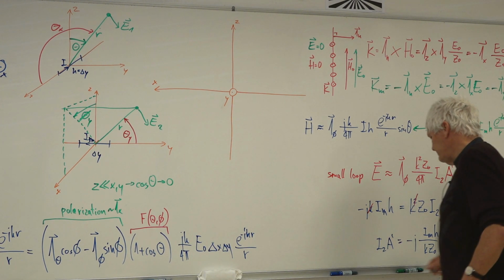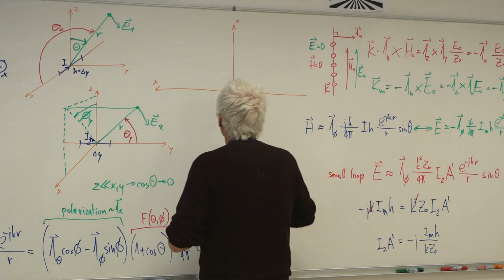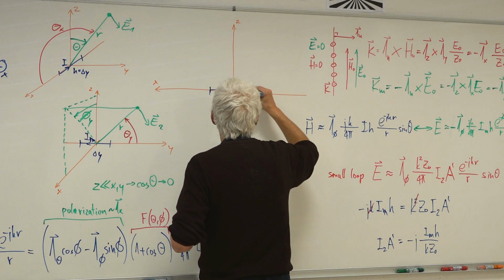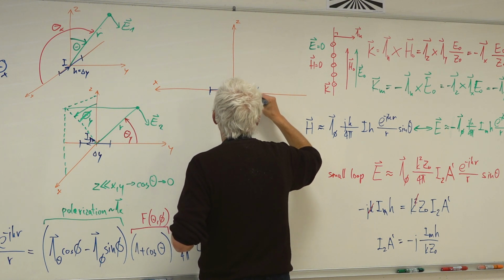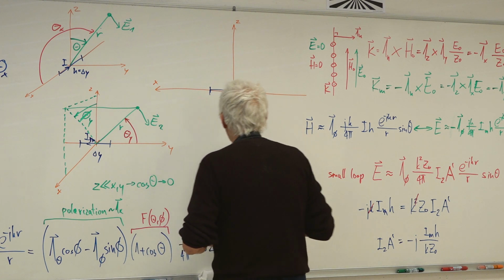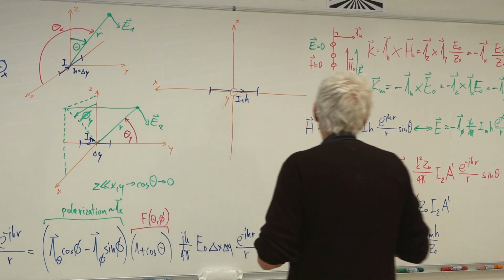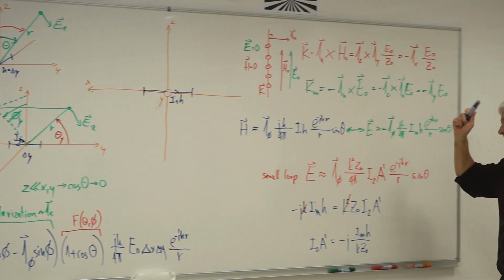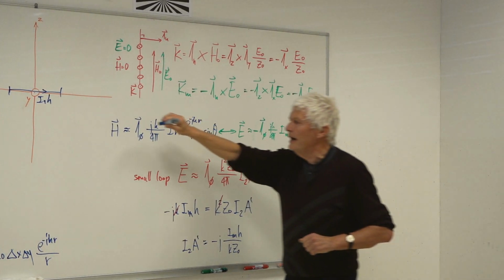I need a current element or electric dipole, I1 times H, flowing in this direction. And I need a magnetic dipole, a small loop that has its axis in the y axis.